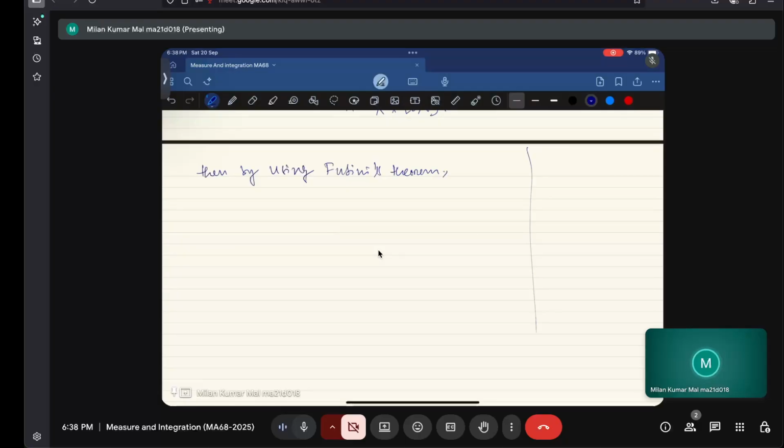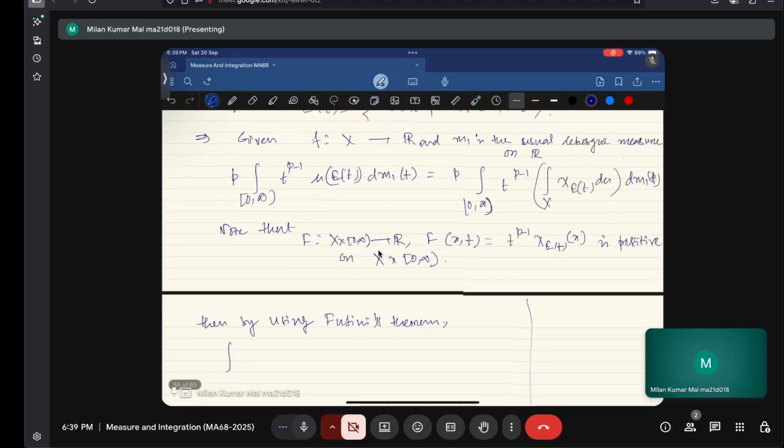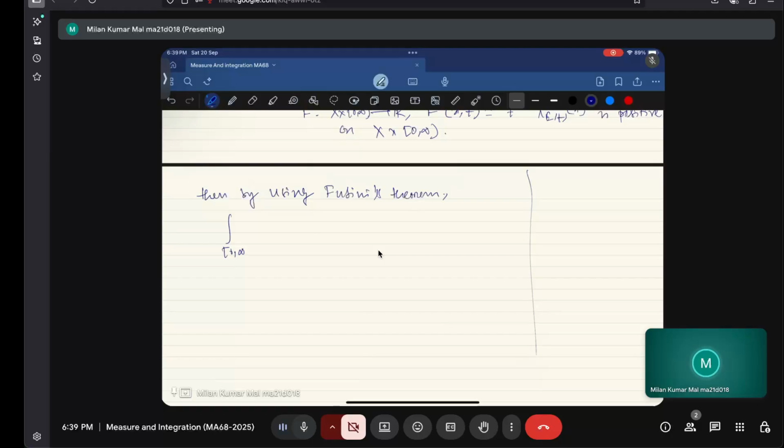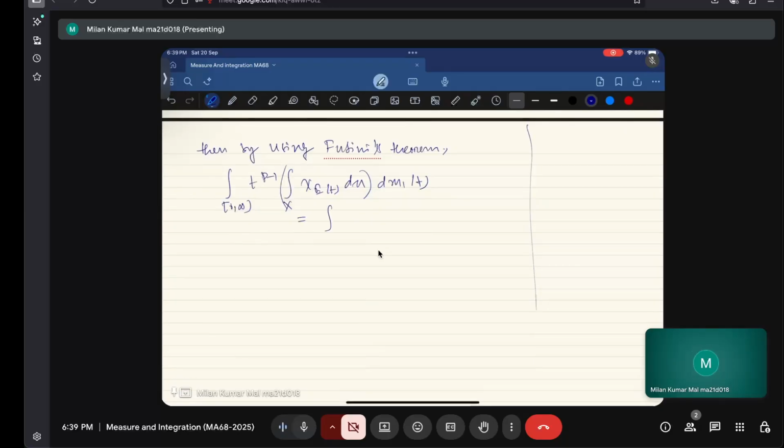The integral from 0 to infinity of t^(p-1) times the integral over X of the characteristic function of E_t dμ, whole dm1(t), can be written as the integral over X times 0 to infinity of F with the product measure dμ times m1.